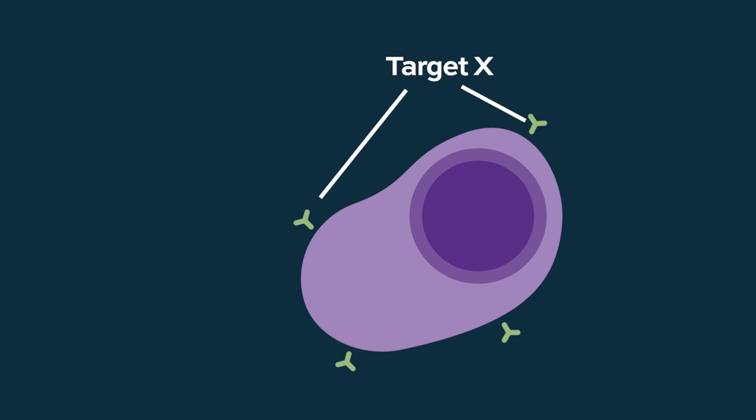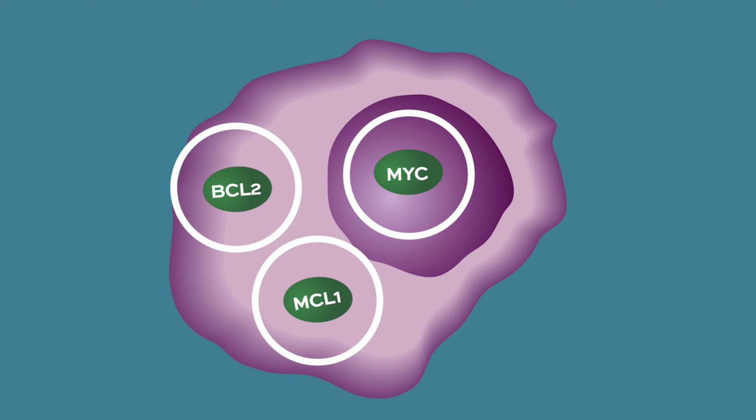Now, there are also targets within the myeloma cell that are being explored. So, for example, we talked about venetoclax, which targets BCL2. There are other inhibitors targeting MCL1, which is another member of the same family and responsible for keeping the myeloma cells alive. There are also drugs going after what we call MYC, which is again a protein that is often responsible for cell survival in myeloma.